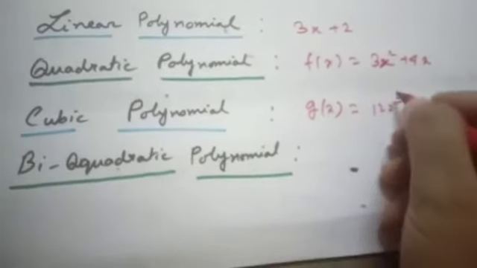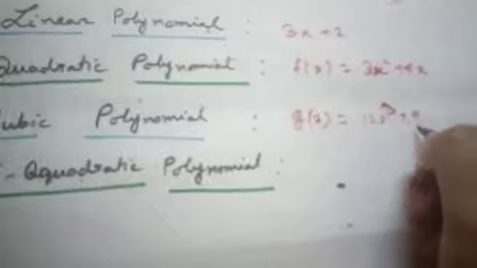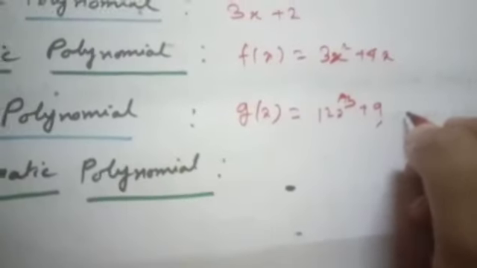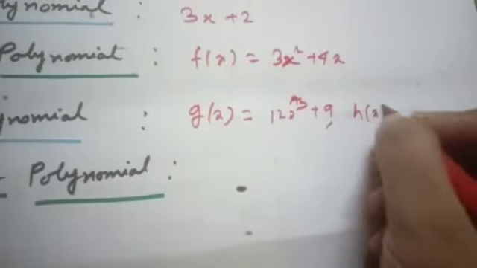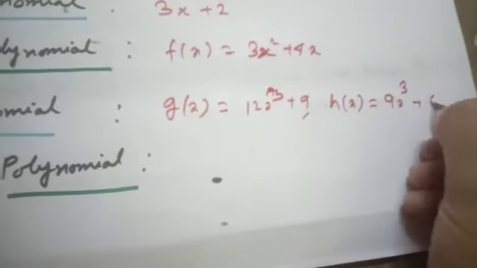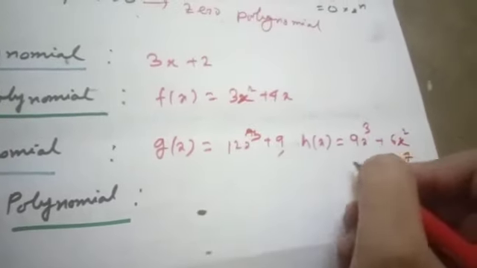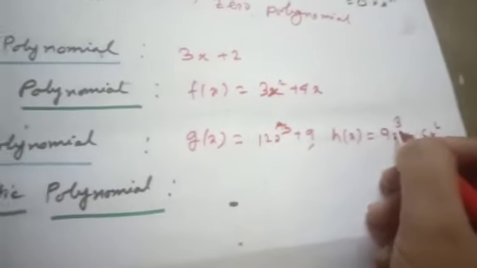So the degree is 3, so it is a cubic polynomial. Another example, h(x) equals 9x cube plus 6x squared plus 7. Here the degree is 3, so it is a cubic polynomial.